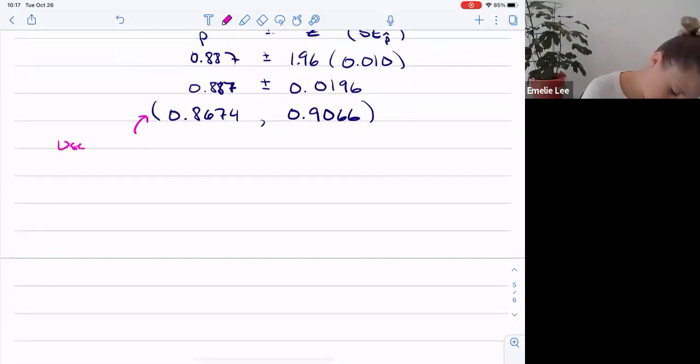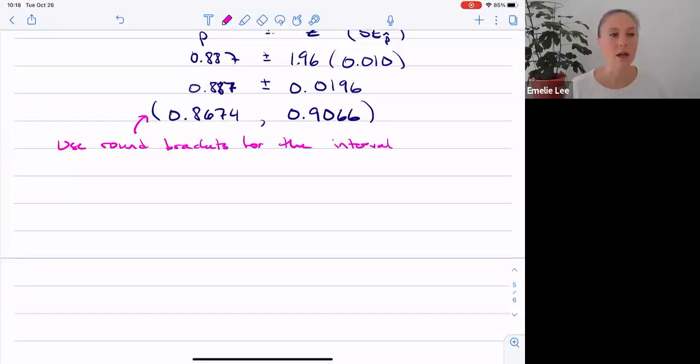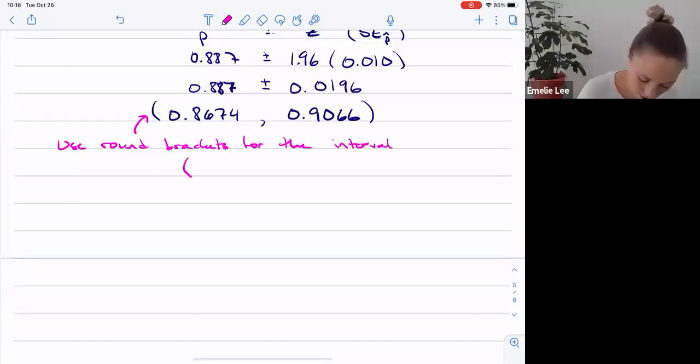Use round brackets for the interval, with lower comma upper.